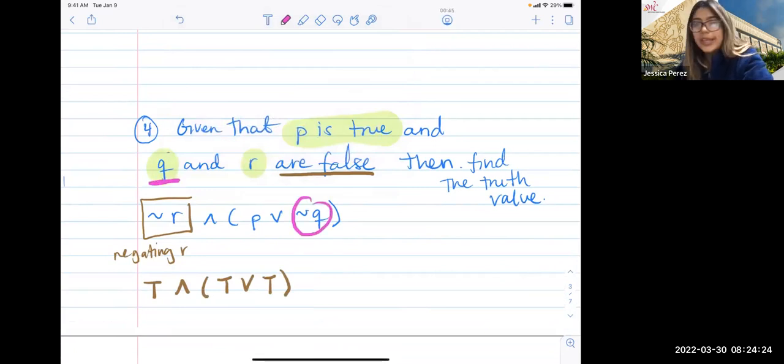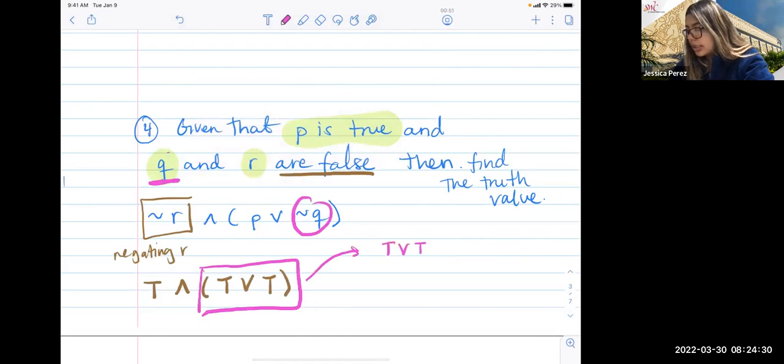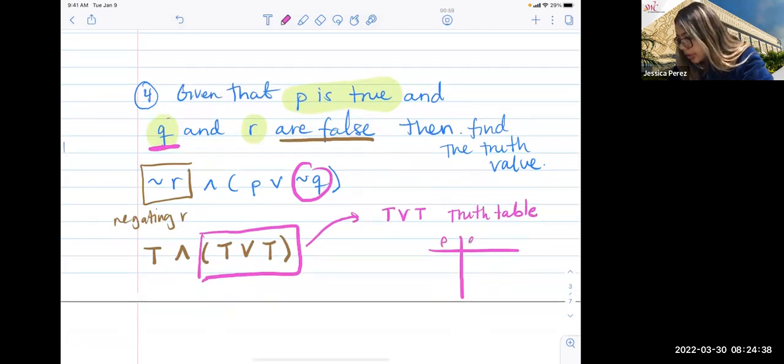Now we work from inside out. What is T or T? T or T, if we use the truth table, remember we have P, Q, P or Q. So if we have true, true, false, false, we have true, false, true, false.